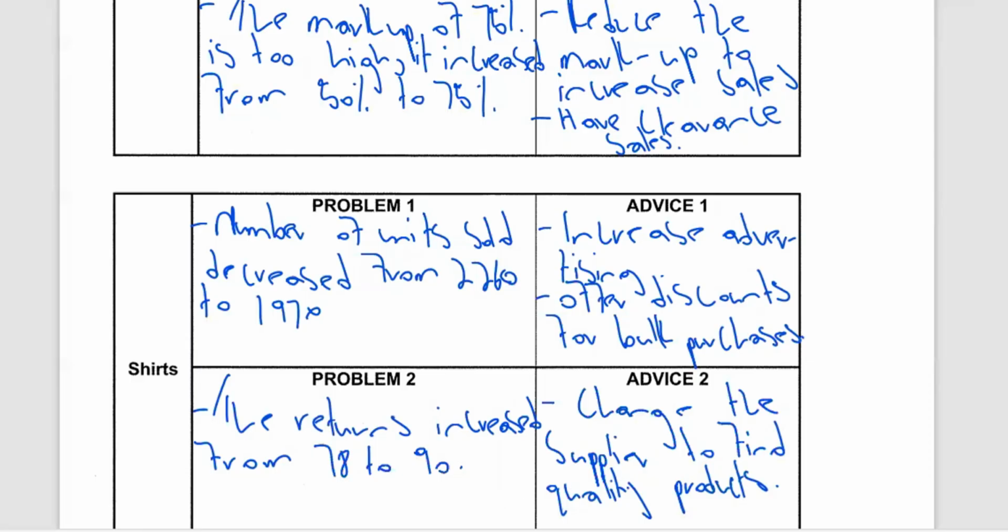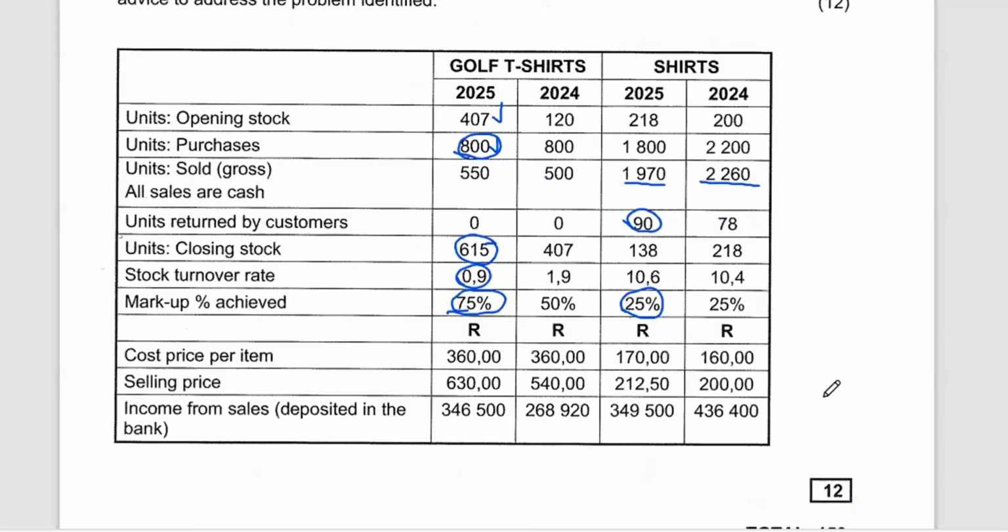Another problem that you can use here, if you can check, let's check our selling price. Our selling price is 212.50. The number of units is 1,970. So 212.50 multiplied by 1,970.